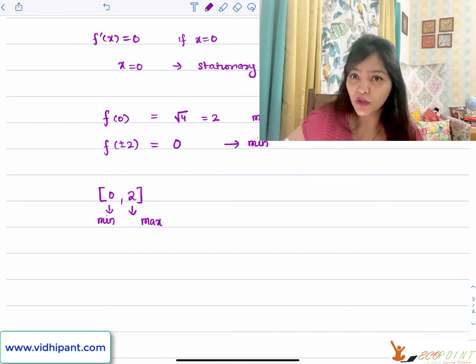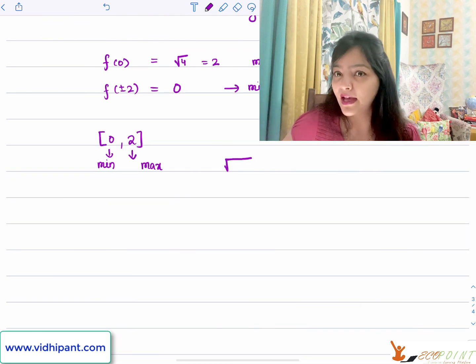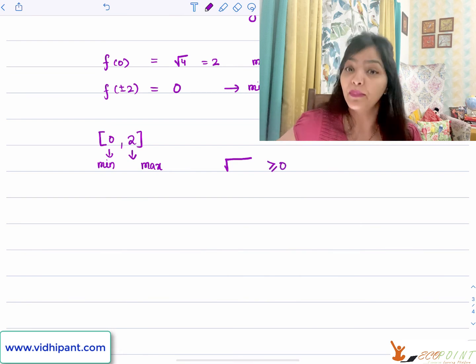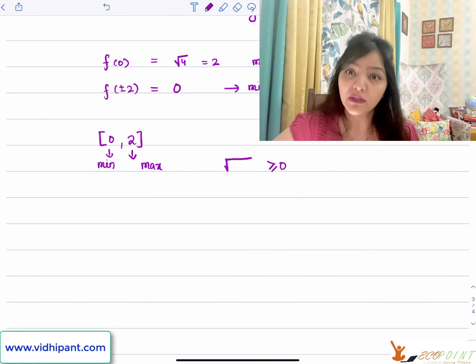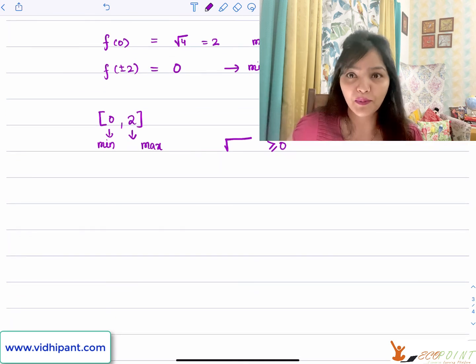With this question, please also understand that if it's a square root function, you will have values greater than or equal to 0, but you can have some particular answer as well. So you should understand that not necessarily always R plus will be the answer, like in the previous question.